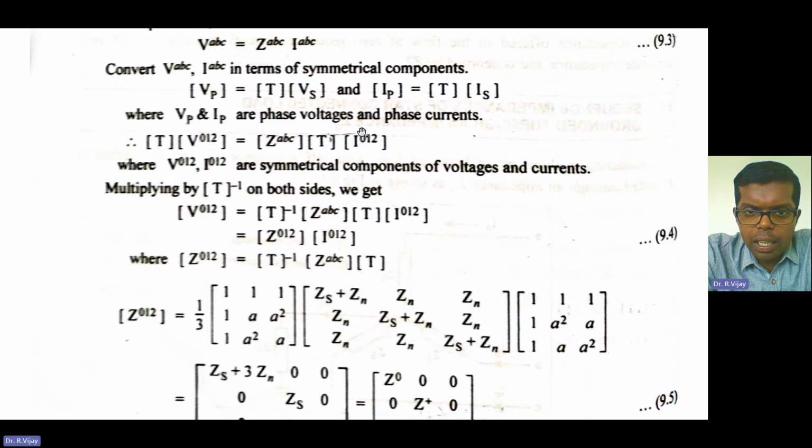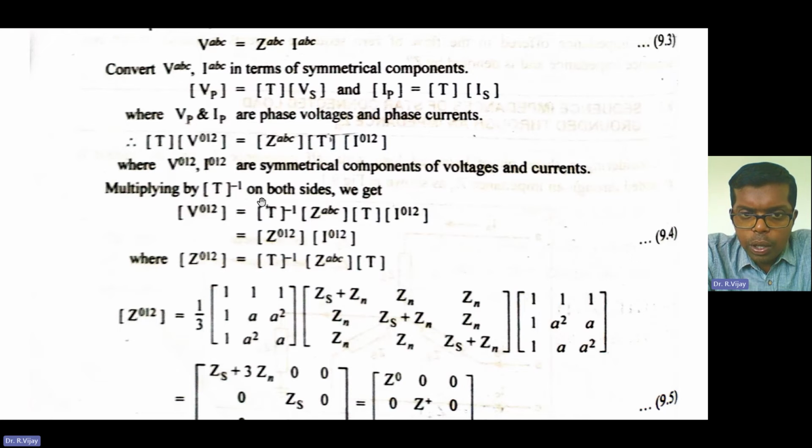So this term will go to this side. So T inverse into ZABC into T into I012. So this and this get cancelled. So we'll get V012 equal to Z012 into I012. That is, we are converting ABC into sequence components, that is Z012 into I012. Again, what is this Z012?